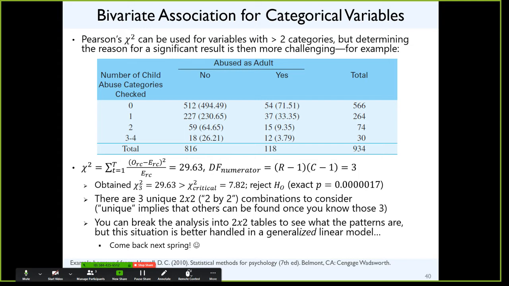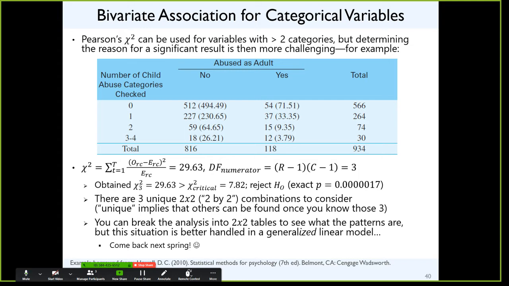Now I can tabulate the number of people in each of these child abuse categories and the number of people abused as an adult. But now I need more than one cell to figure out the rest of the table. I actually need 3 cells. I need to know three of these 8 cells, and then I can work backwards to figure out the rest. So I need to know 3 things to solve this problem.